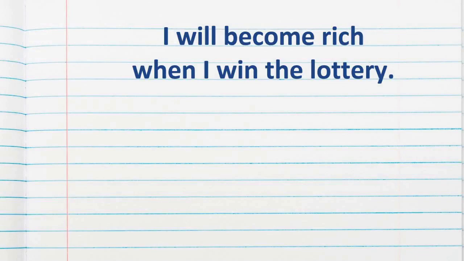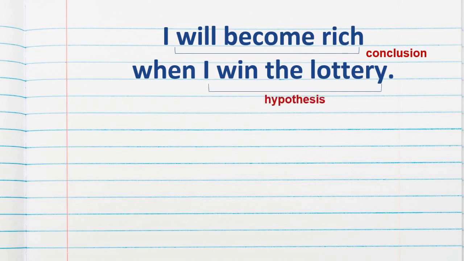To make this an if-then statement, it must be clear what our hypothesis and our conclusion are. I will become rich: this is our conclusion, that's what will happen. And our hypothesis is I win the lottery.